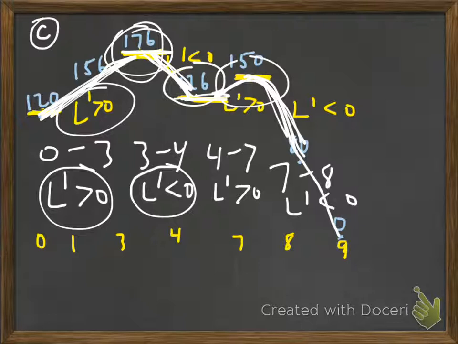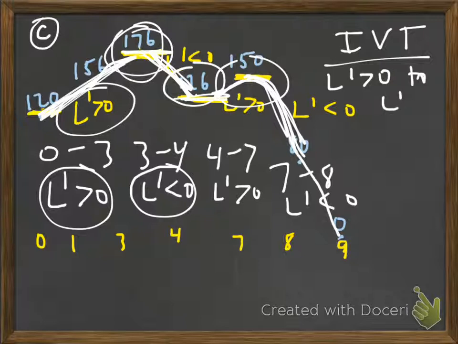So on the interval from 0 to 4, L prime must equal 0 somewhere, because the intermediate value theorem says that if L prime goes from positive to negative, then somewhere in there it's 0, because it takes on all values in between L prime of 0 and L prime of 4.